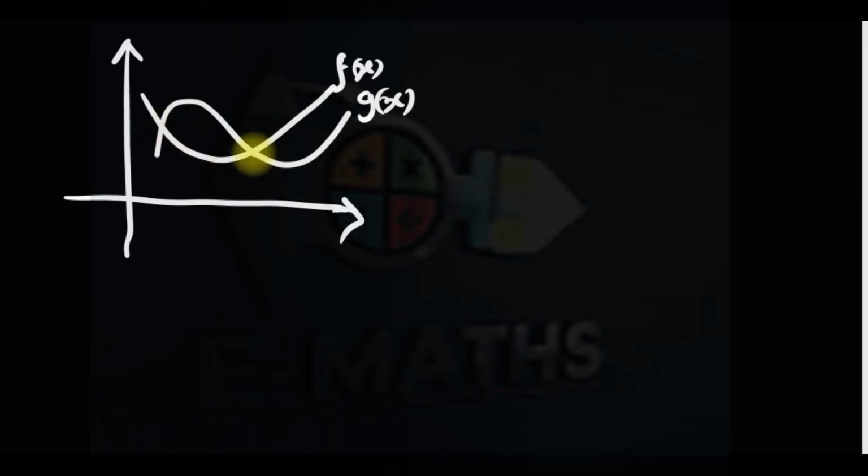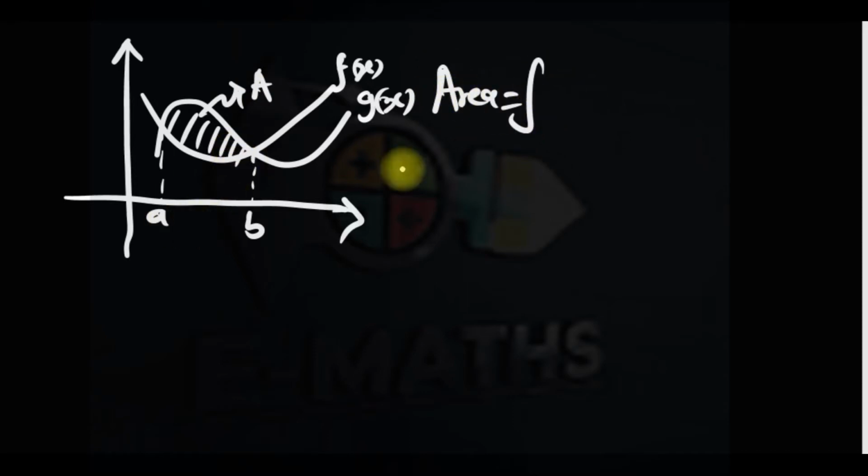Assuming the two intersect at x equal to a and x equal to b, and we're asked to find the area enclosed by this, the area is always the definite integral from a to b of the difference between the two functions, where the upper one, the one on top, subtracts the one below.